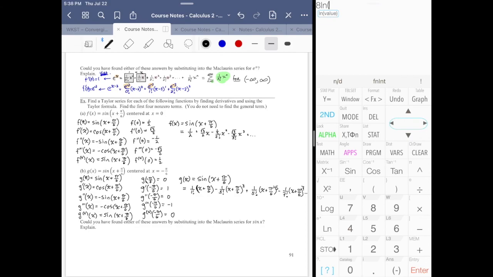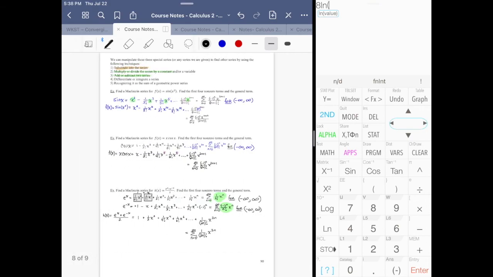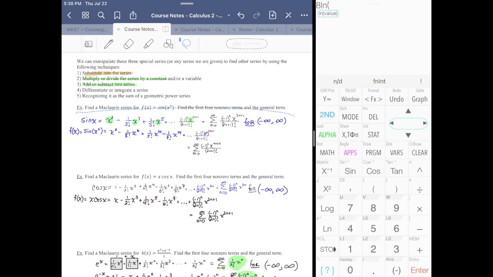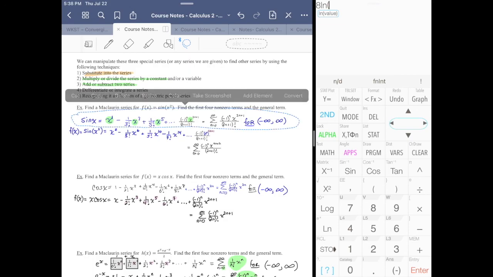So, could you have found either of these answers by substituting into the Maclaurin series for the sine of x? And the answer is, yeah. Because the first one is centered around 0, so let me go grab a sine function somewhere. I think I have one. Oh, yeah, right here.